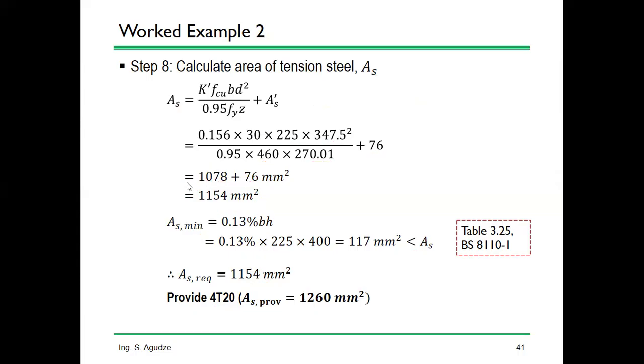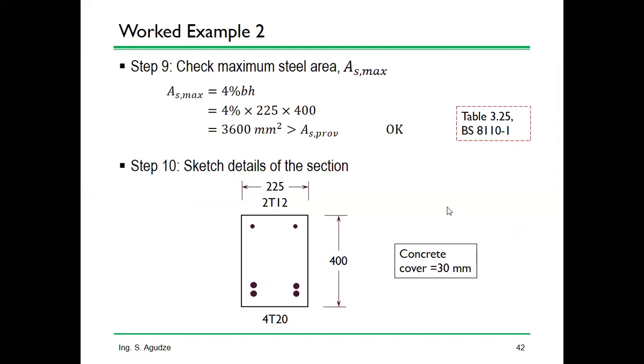Great. Now, you check the maximum steel area, which is very crucial. Make sure your steel area doesn't exceed that. And then the final step, step 10, we will now provide a sketch. As you can see here, compression steel and the tension steel have been arranged in this way. Design is both science and an art, so I can combine a number of reinforcement sizes.